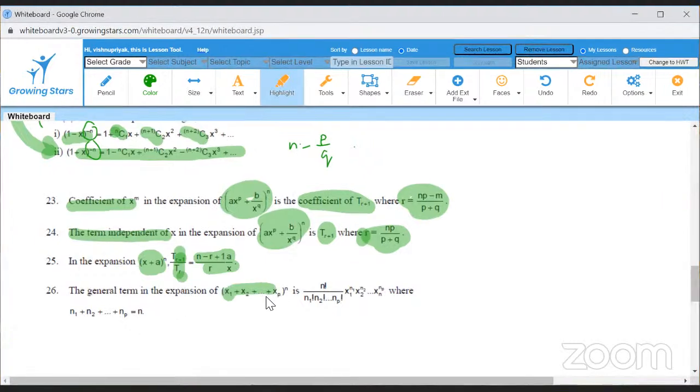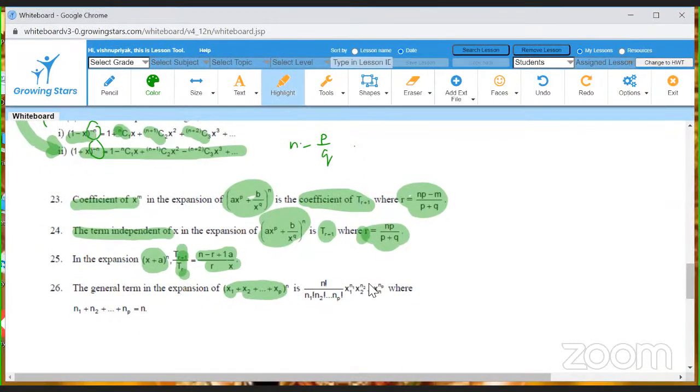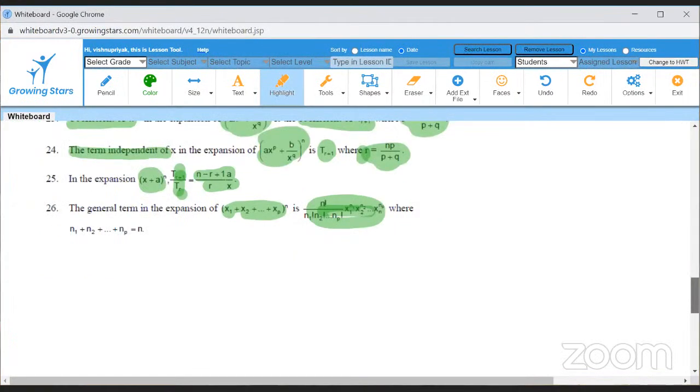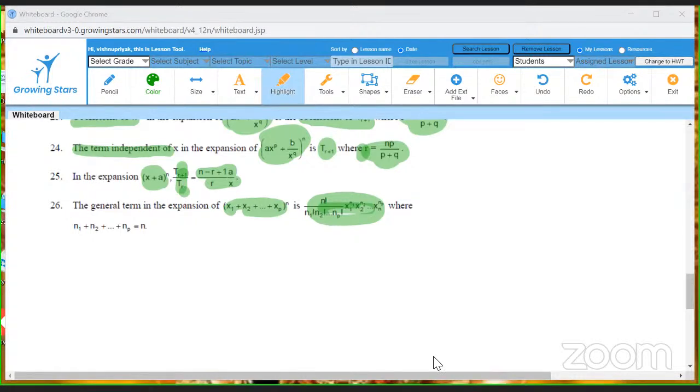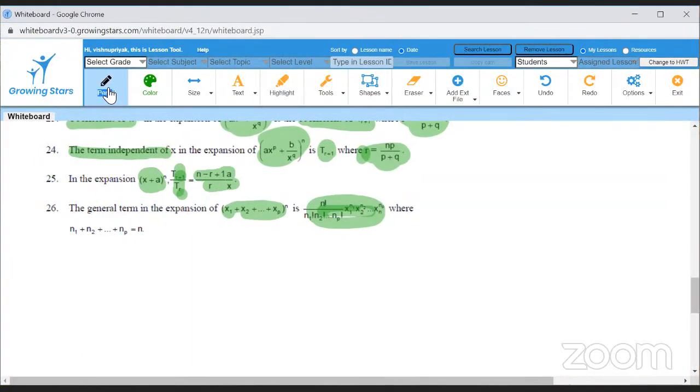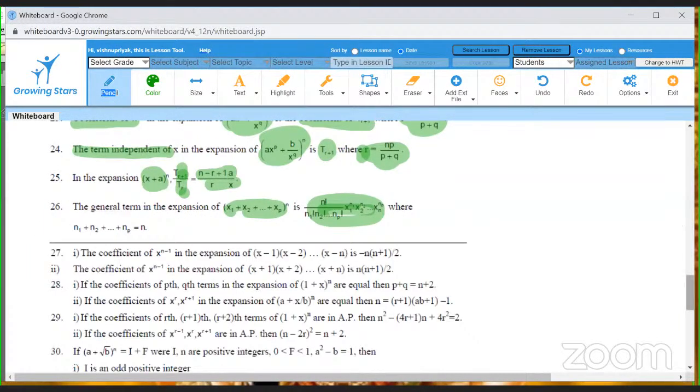Next, in this expansion, the general term will be this. All these are shortcut formulas. Next. Again, some more shortcut formulas. If you can memorize, it will be very helpful. You can do the problems very quickly and easily.